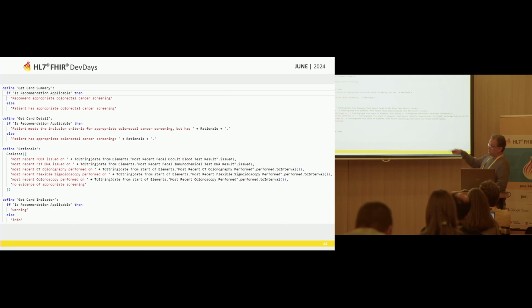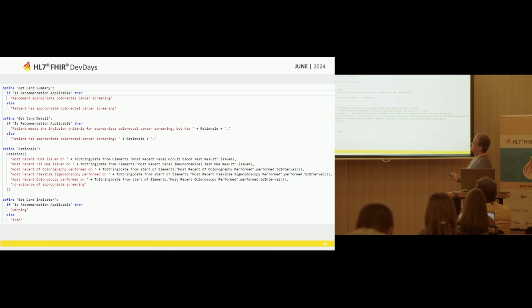It's kind of hard to read, but we're rolling up the most recent FOBT, the most recent FIT, the CT colonography, and so this is a coalesce, which is basically going to return the first thing that isn't null in this list. And so this basically goes through, if there's no evidence of appropriate screening, then that's going to be your rationale.